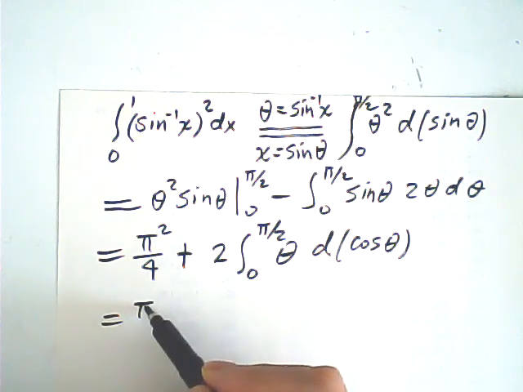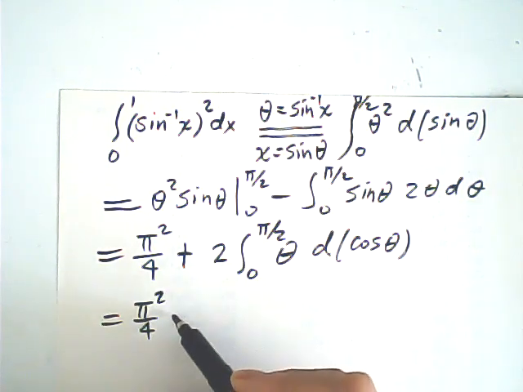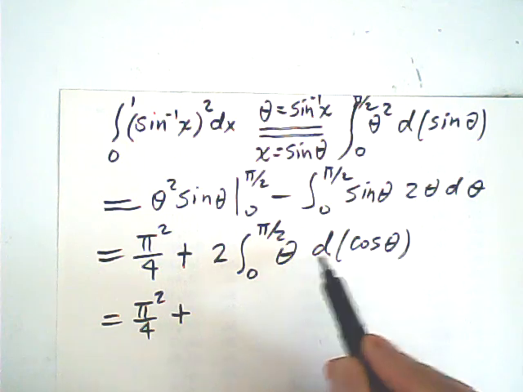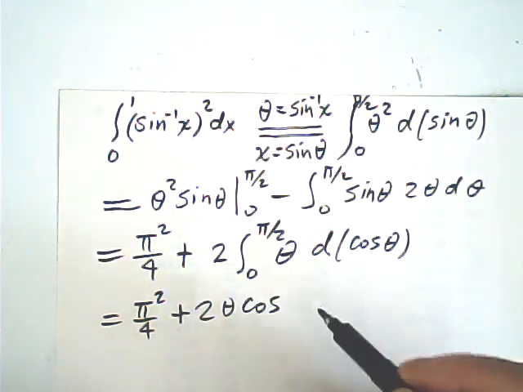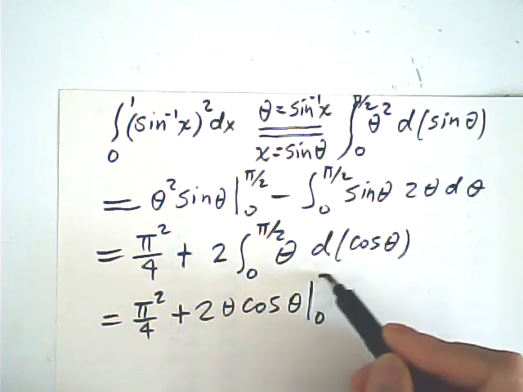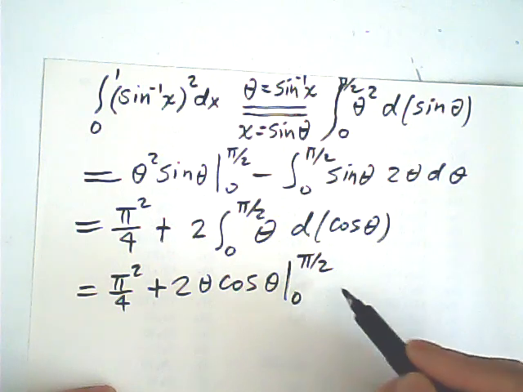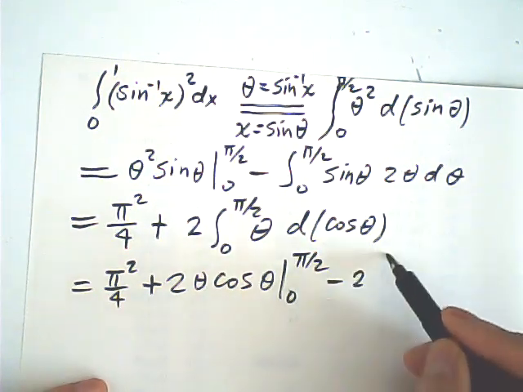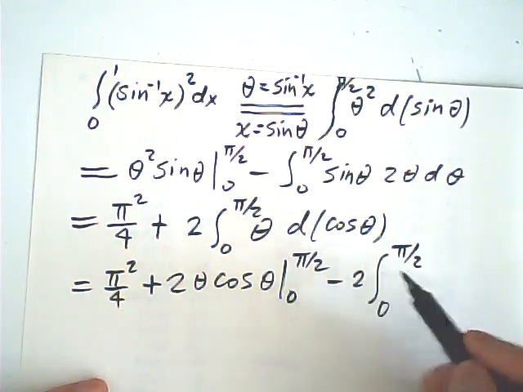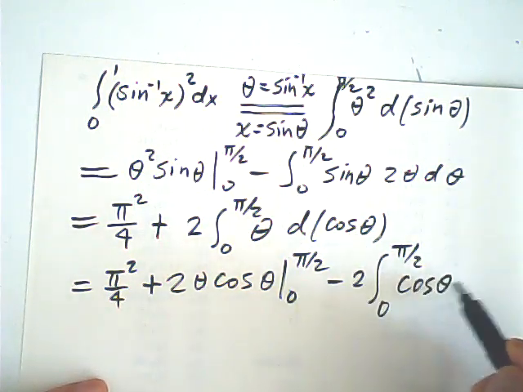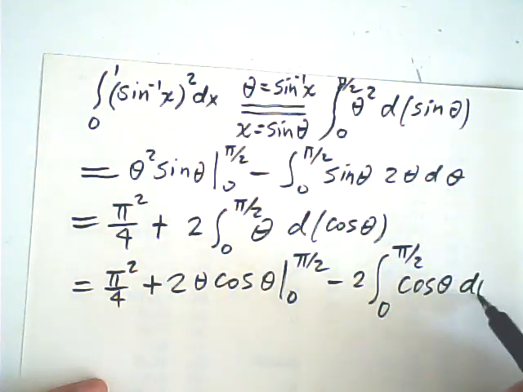So this is pi squared over 4 plus u dv, right? Uv minus v du. V is cosine. Du is d theta.